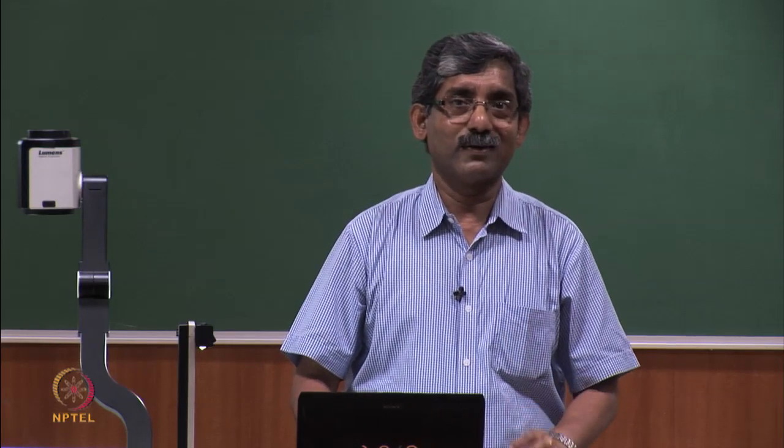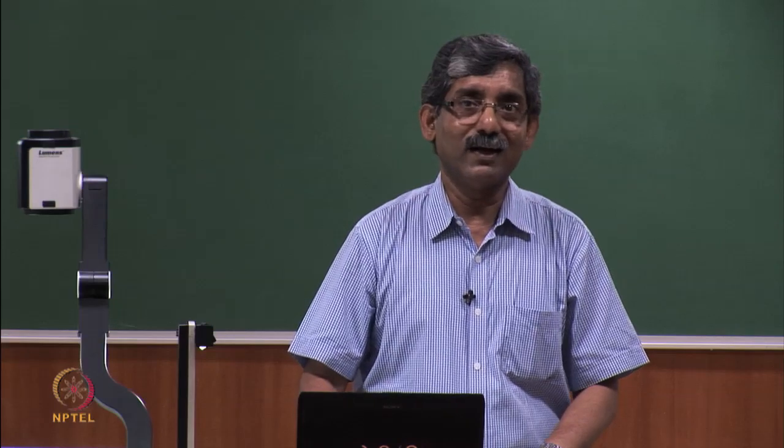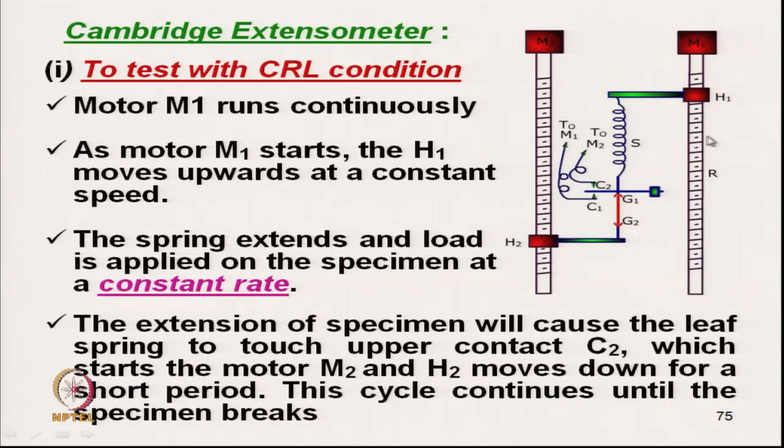So, what happens here? The movement of H1, the movement of the motor, is the indicator of the load here, and the movement of M2 is the indicator of extension.